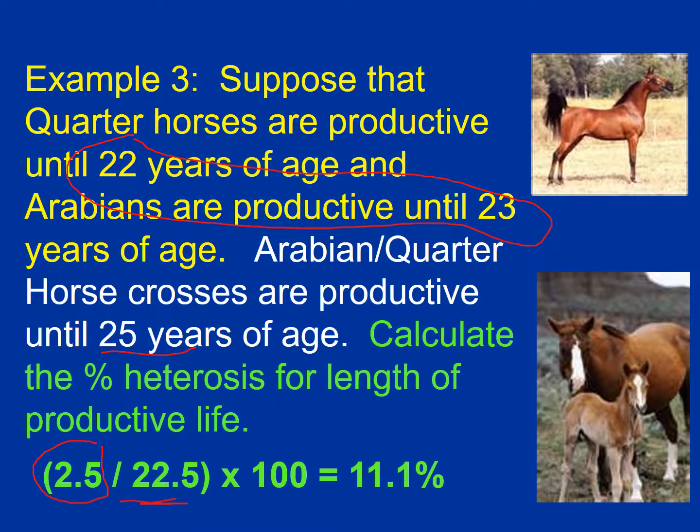So 2.5 divided by 22.5 times 100, we got 11% heterosis for productive life of horses, and I guess that is about what we might expect. Crossbreds should remain viable just a little longer than purebreds.